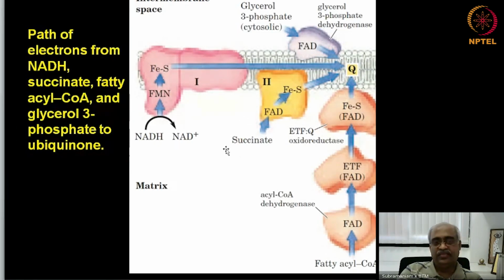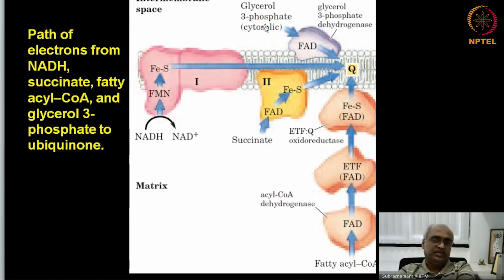And then there are other electron transfer complexes as well. For example, glycerol 3-phosphate produced from the cytoplasm. It comes from a variety of sources. One of them, easy to understand, is when you have triacylglycerol where the acyl groups are removed, you get glycerol. And dihydroxyacetone phosphate, when that gets oxidized, you get glycerol 3-phosphate.